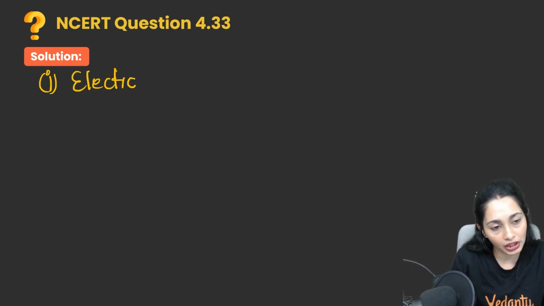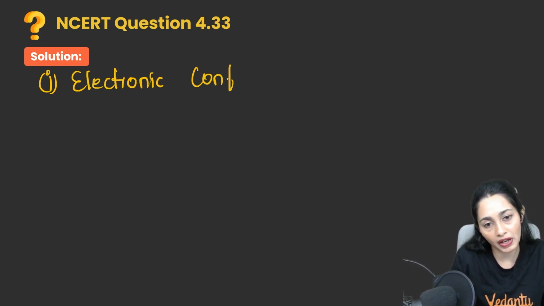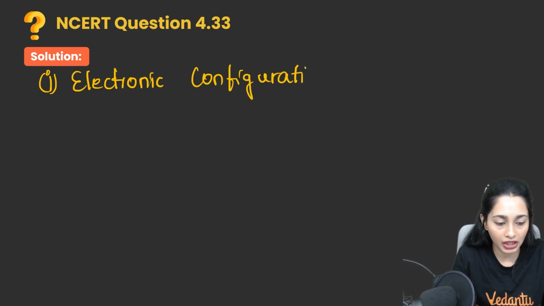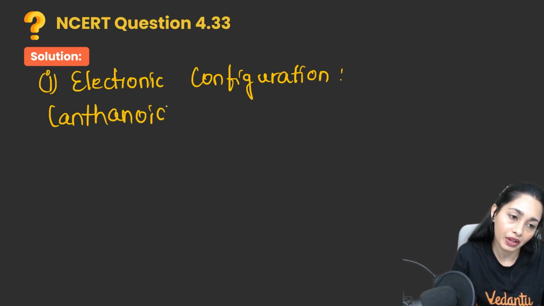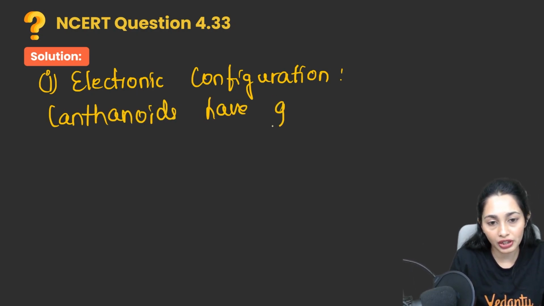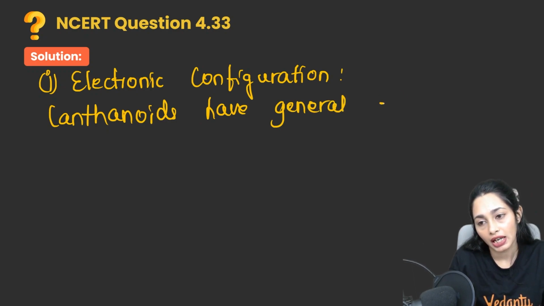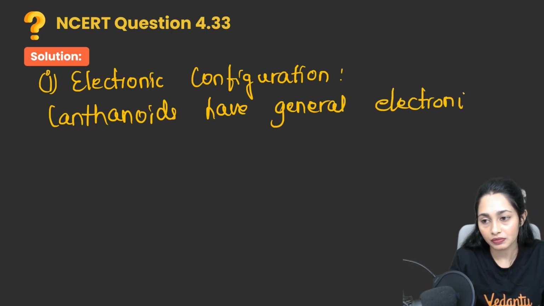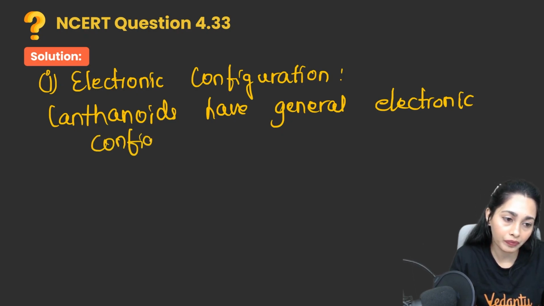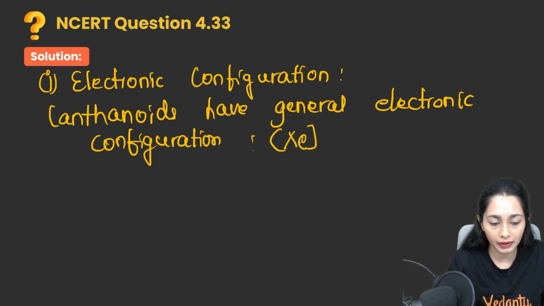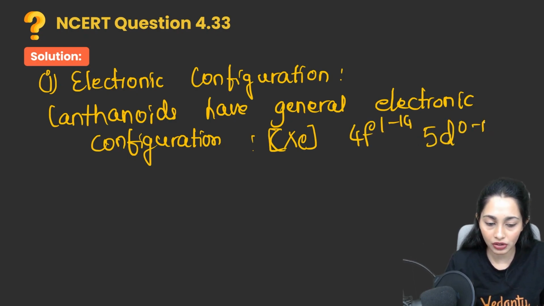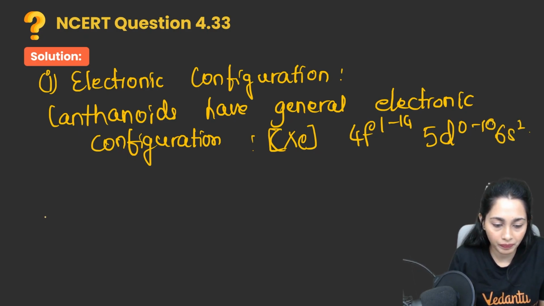We know the general electronic configuration of actinoids as well as lanthanoids. Lanthanoids have the general electronic configuration xenon followed by 4f1 to 14, 5d 0 to 1, 6s2.